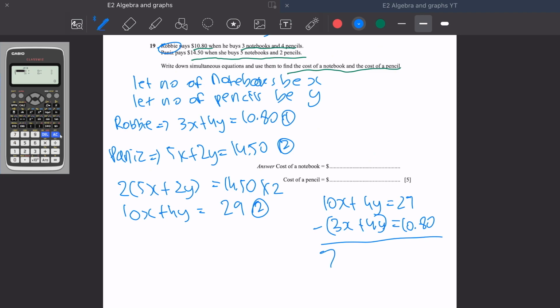So you get 7x, this cancels off, equal to 2900 minus 1080. That is 1820. Not 27, 29. Divided by 7.